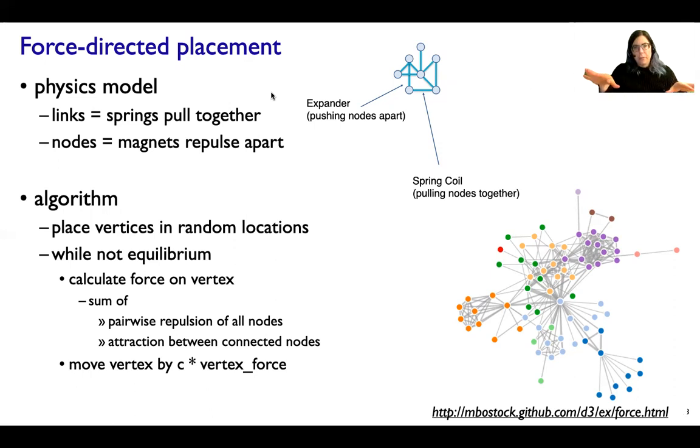You do one round to compute it, and then you move each vertex according to the forces that were on it. And you iteratively do this many, many times until you start to see the layout converge. If you're lucky, it might converge. It doesn't necessarily have to converge. So let's just look at an example of this.